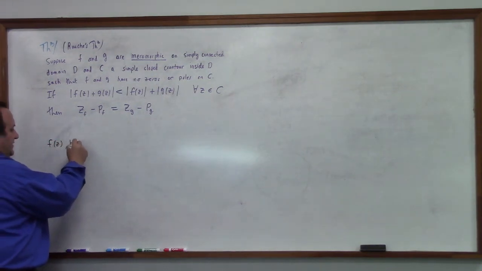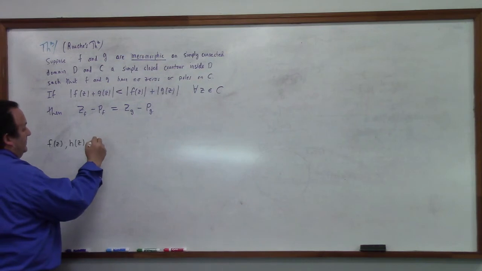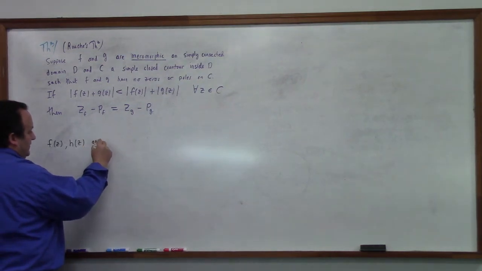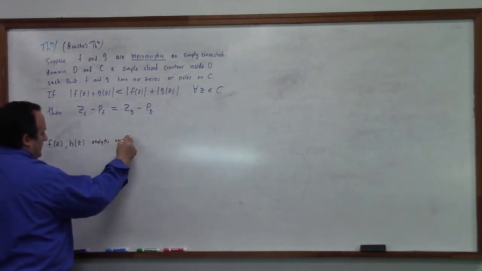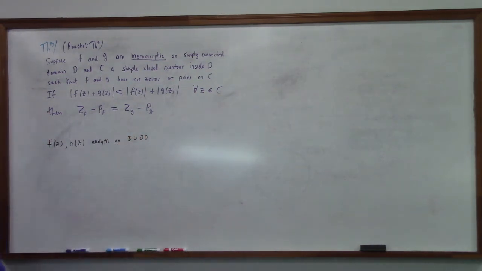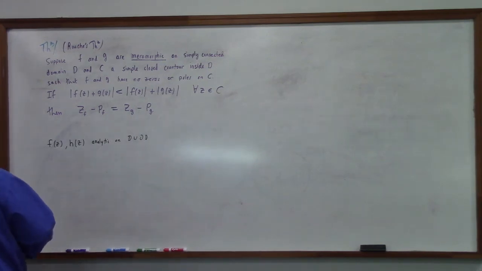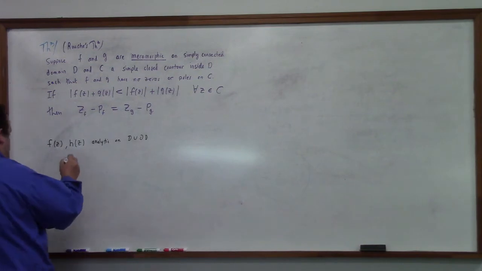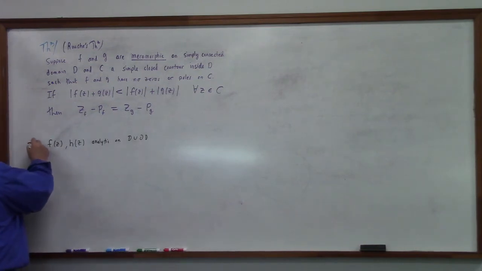We have f of z and h of z analytic on D union the boundary of D, and D is a what? This is page 229 in Gamelin.